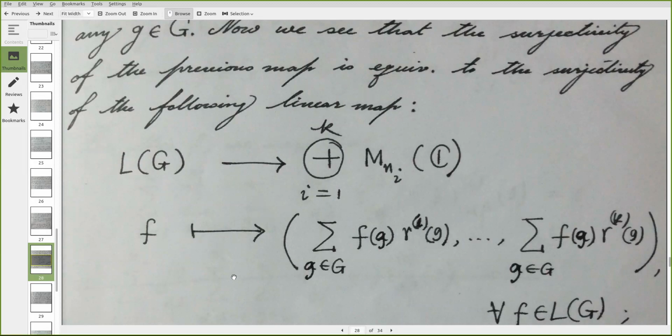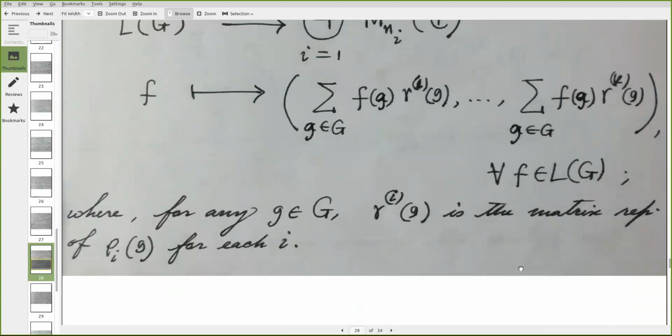So this map is the composition of the earlier map with the map that corresponds to the matrix representation of the linear operators. Since the endomorphism algebra is isomorphic to the matrix algebra, this map is the composition of the earlier map with an isomorphism, so this is surjective if and only if the previous map is surjective. Now how to show this is surjective?